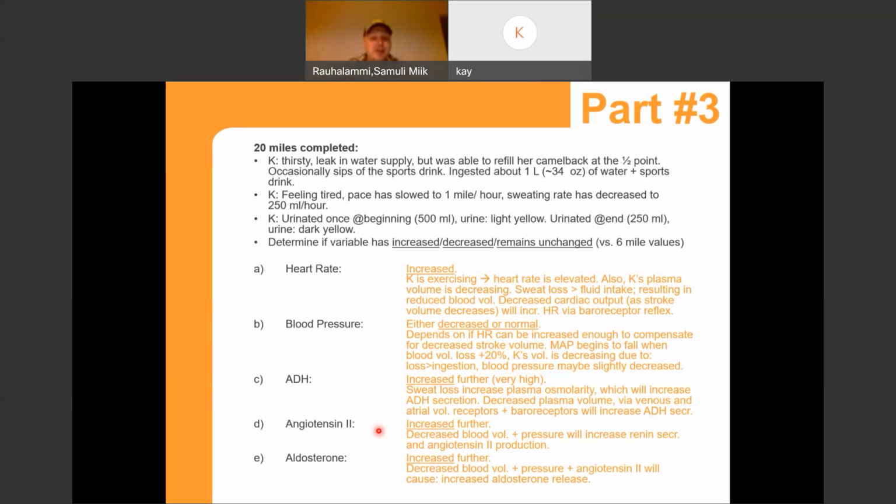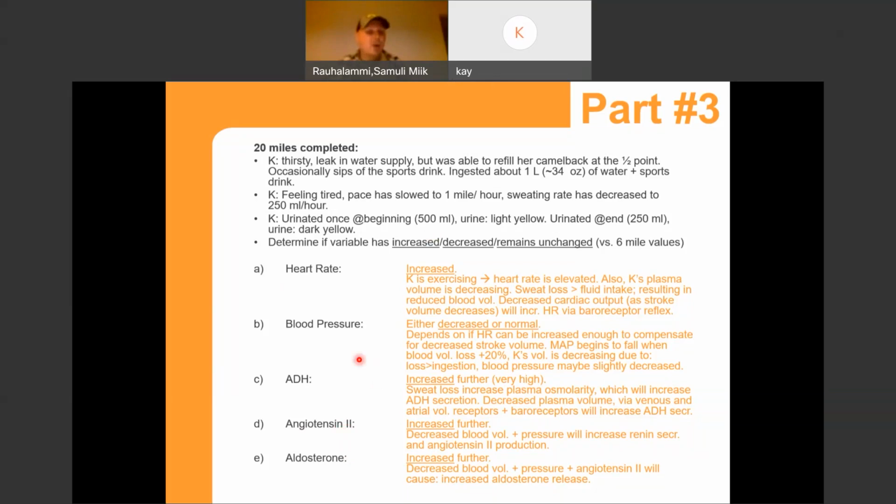For your answer, I'm looking for you to be able to tell that both angiotensin II and aldosterone are going to be elevated, and this is because she is so dehydrated. This dehydration is affecting her blood volume and blood pressure, which have both dropped. So to deal with that, angiotensin and aldosterone levels are going higher and higher. I hope that makes sense.